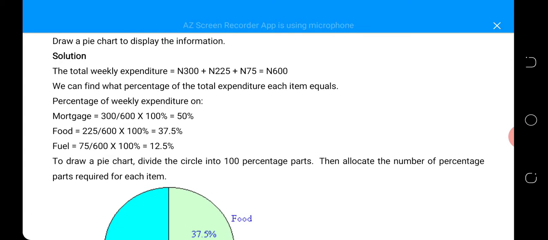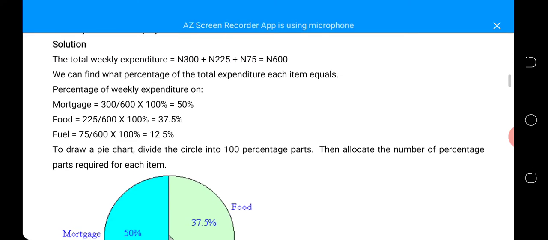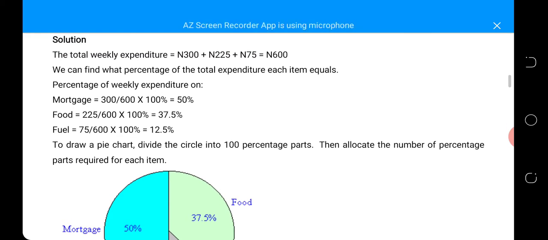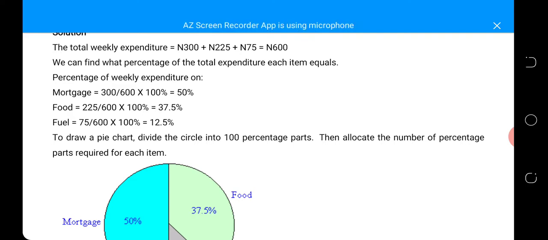Solution. The first step in drawing a pie chart for this information is to add all the expenditure together to give us the total expenditure. 300 naira plus 225 naira plus 75 naira is equal to 600 naira.